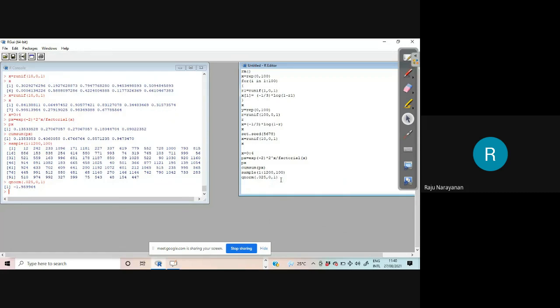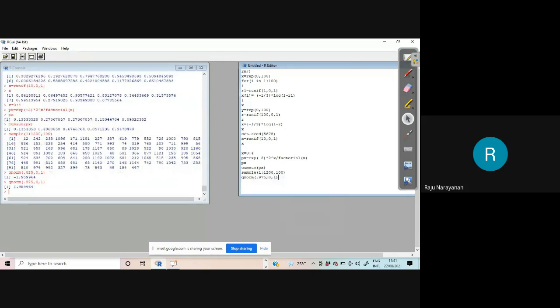Minus 1.9599, we will take minus 1.96. And for 0.975, the other tail, you should get plus 1.96.